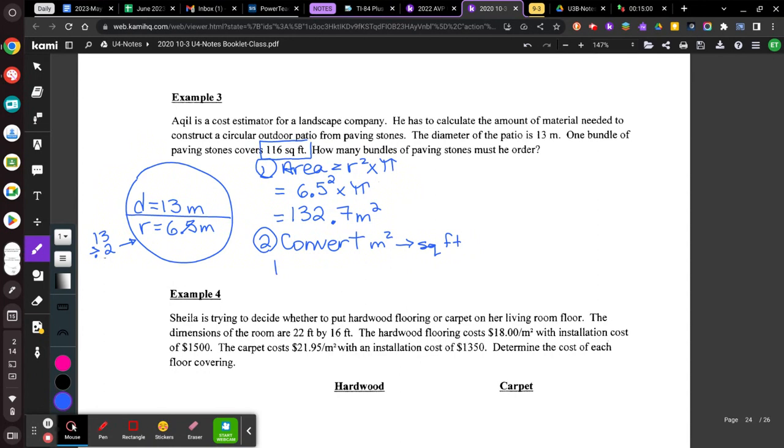So I need to take my number 132.7 and multiply it by the number on my chart, which is 10.7639. That's the number I'm multiplying by.